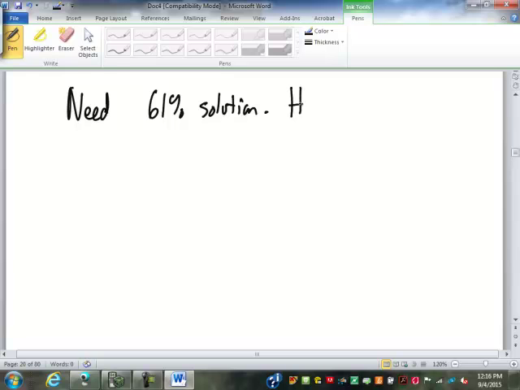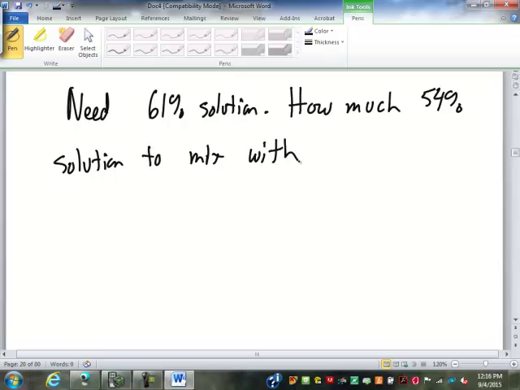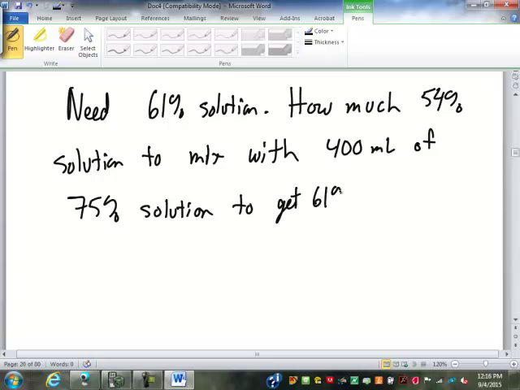I want to know how much 54% solution to mix or combine with 400 milliliters of 75% solution to get the 61%.